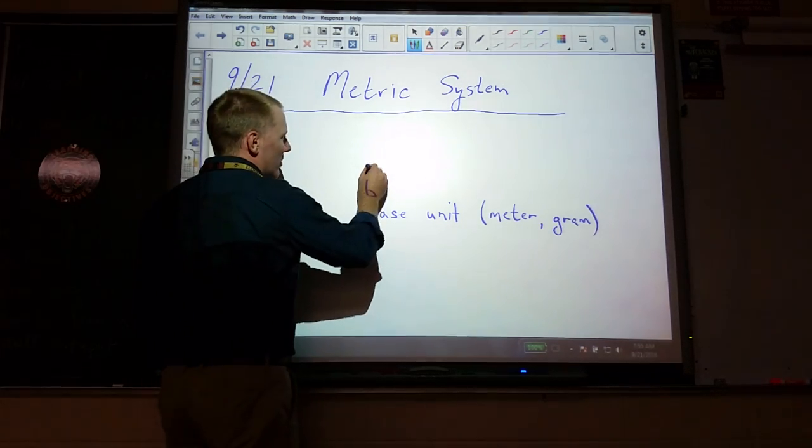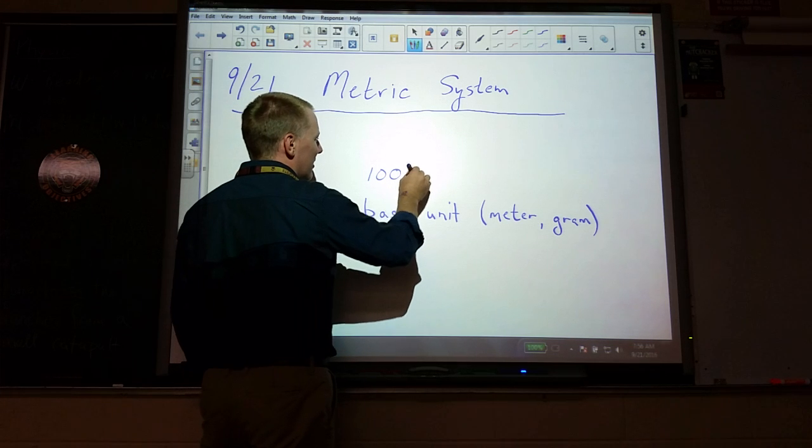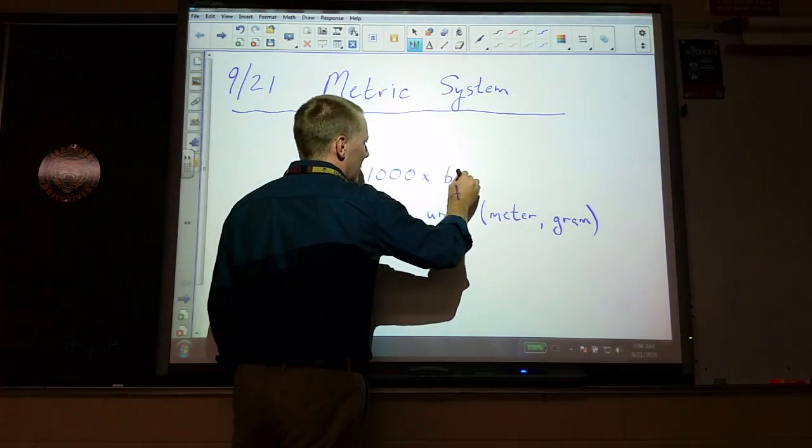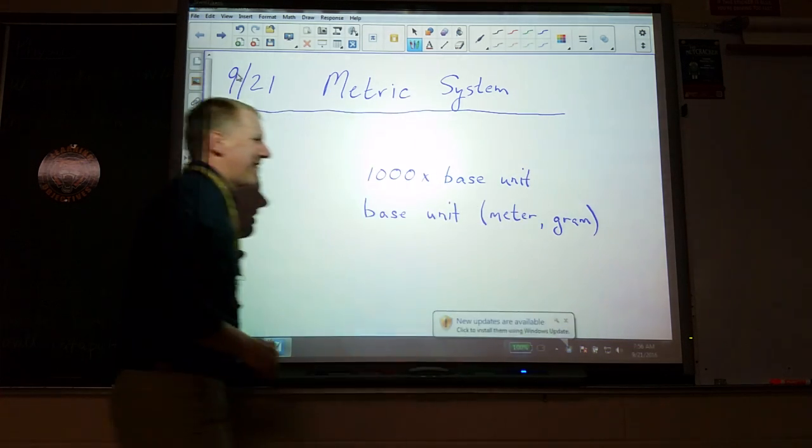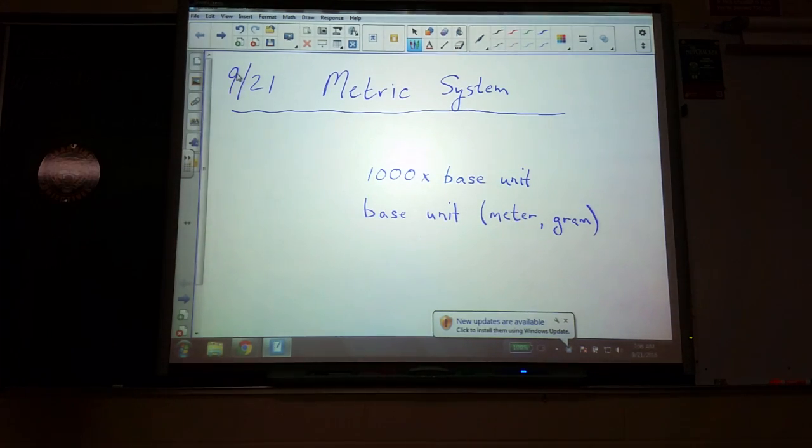So the next one we are going to care about is 1,000 times bigger than the base unit. Anyone know what prefix we use in the metric system for 1,000 times bigger?